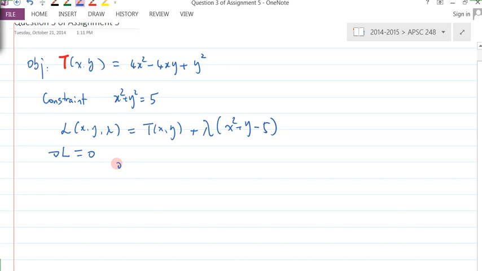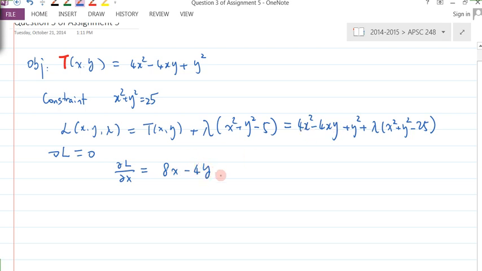That means partial L over partial x, so 4x squared, minus 4xy, plus 2y squared, plus lambda times (x squared plus y squared minus 5). So partial L over partial x is 8x minus 4y plus 2 lambda x, equal to 0.